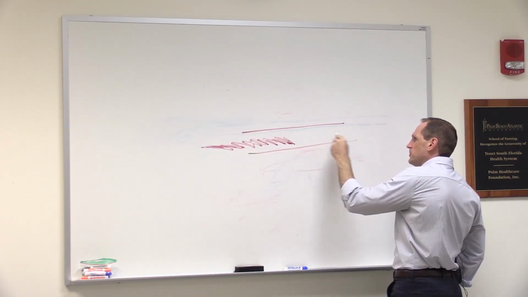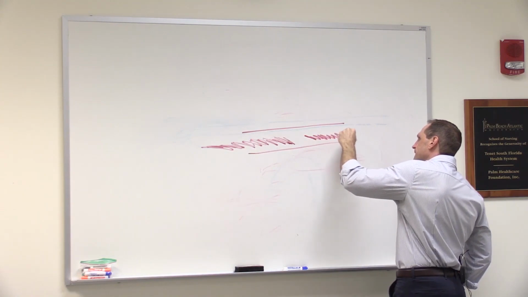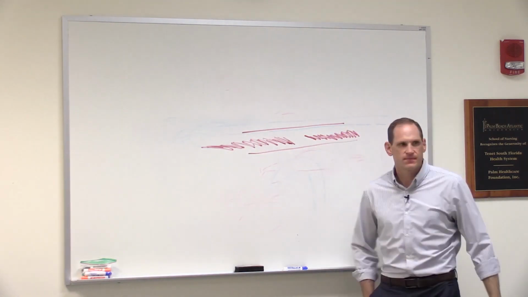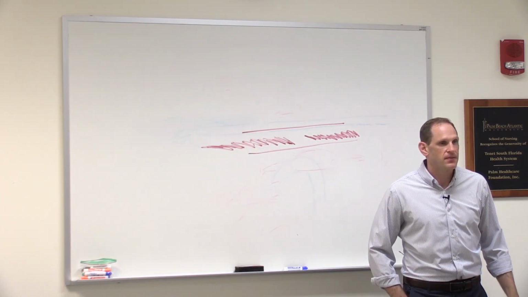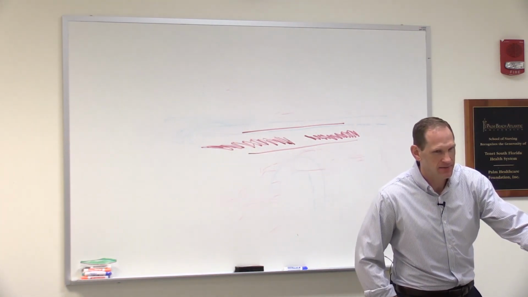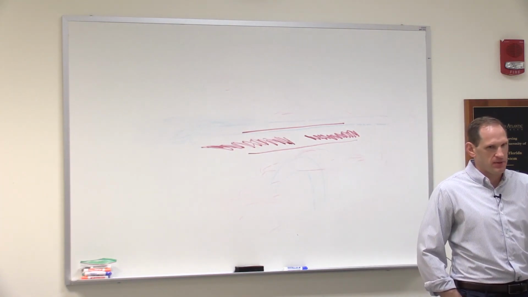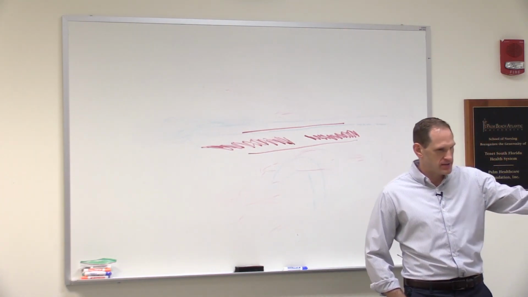So what are the thin filaments called? The thin filaments are actin, and the thick filaments are myosin.